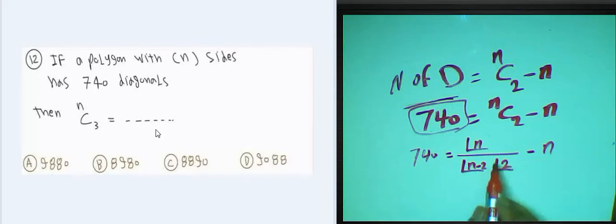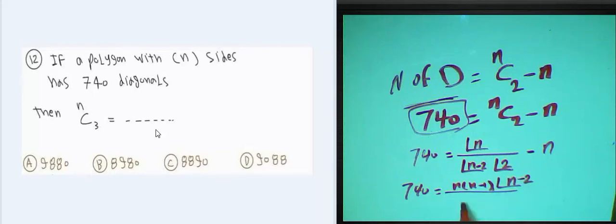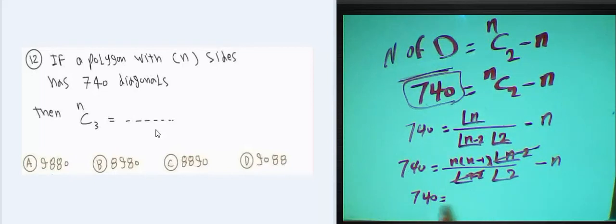And you can simplify it: 740 equals n times n minus 1, multiplied by factorial n minus 2 over factorial n minus 2 over factorial 2. We can cancel factorial by factorial, and here the result will be 740 equals n times n minus 1 over 2, subtract n.